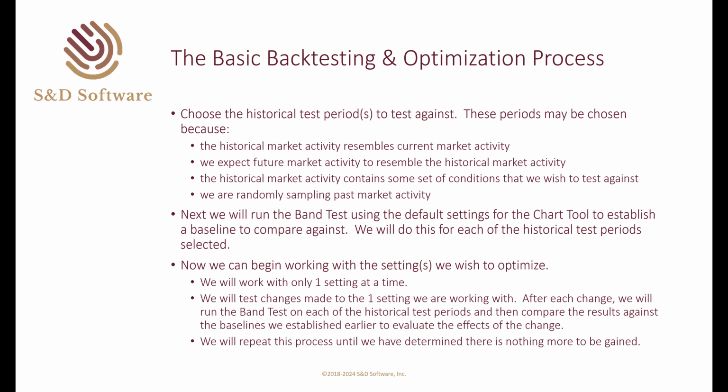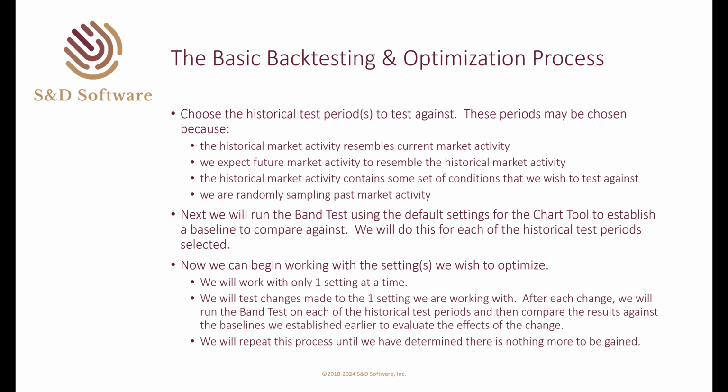Now, once we've decided on the periods that we're going to test against, we're then going to run the band test using the default settings for the chart tool to establish a baseline for comparison. We're going to do this for each of the historical test periods that were selected. So there we can see how the tool is performing with its default settings.